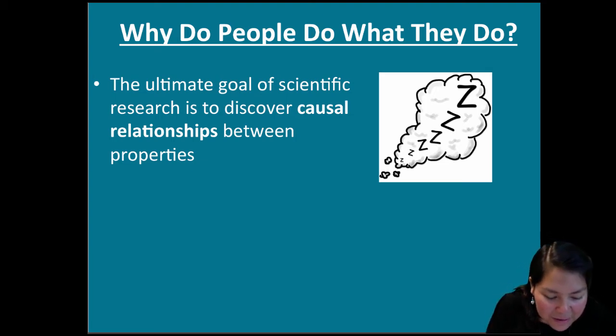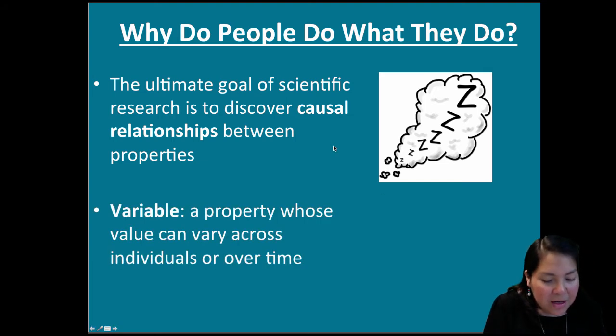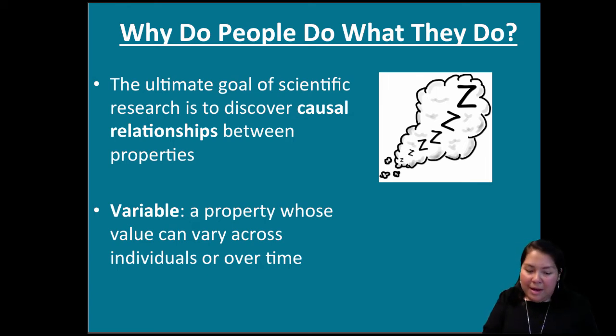And in psychology experiments, when we talk about variables, researchers utilize variables to determine if making changes to one thing can result in changes in something else. So in our example, the amount of sleep and performance on the test are two variables of interest.